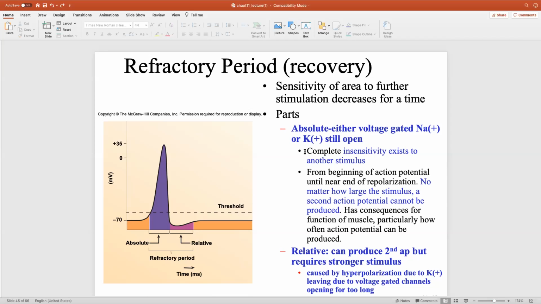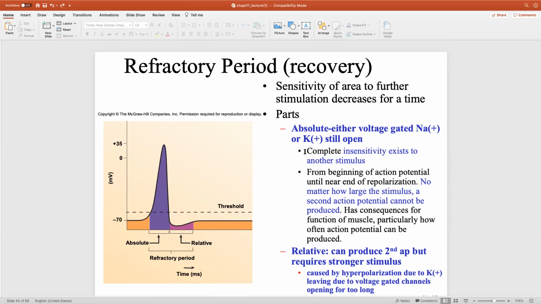So what we're going to see is that these neurons undergo phases that we call refractory phases or recovery phases, right? This is the time period where that area of that axon cannot be stimulated for that small period of time.